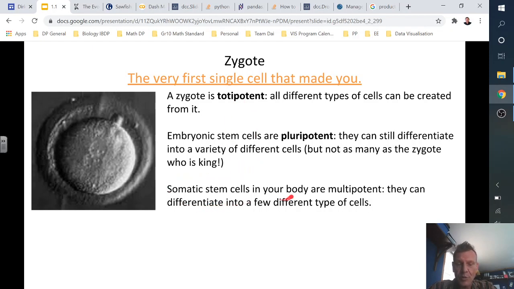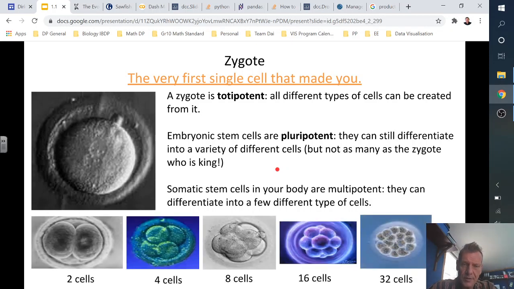Somatic stem cells in your body, somatic meaning non-sex cells, are multipotent and they can differentiate into a few different types of cells. Think, for instance, of your bone marrow. In your bones, there are stem cells that can differentiate into either white blood cells or red blood cells, different types of blood cells.